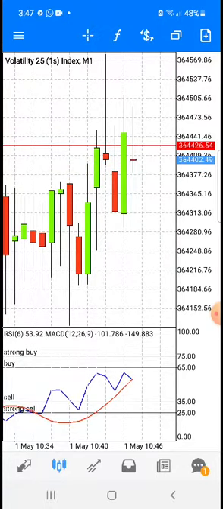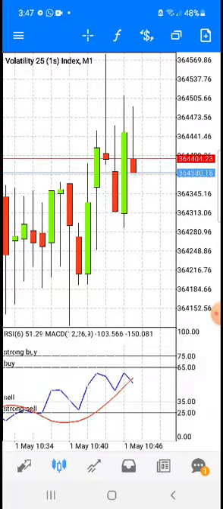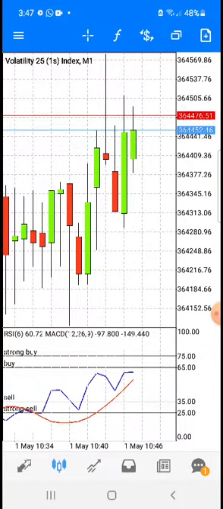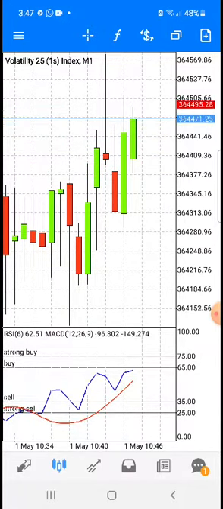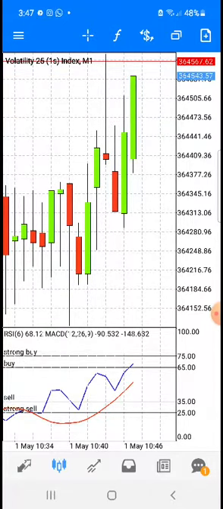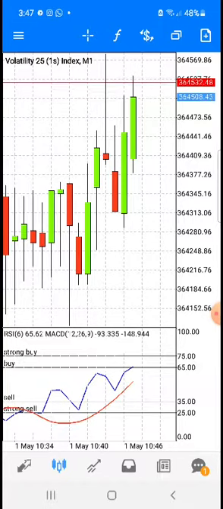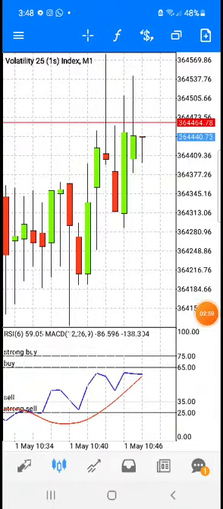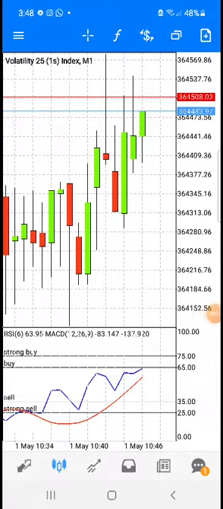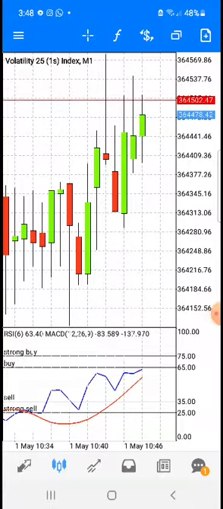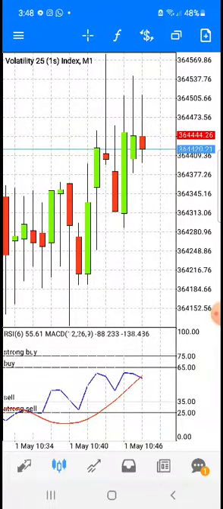The other question which people ask is what should I look for in a candlestick chart? Number one, the body, which represents the open to close range. Number two, the wick or shadow, which indicates the intraday high and low.